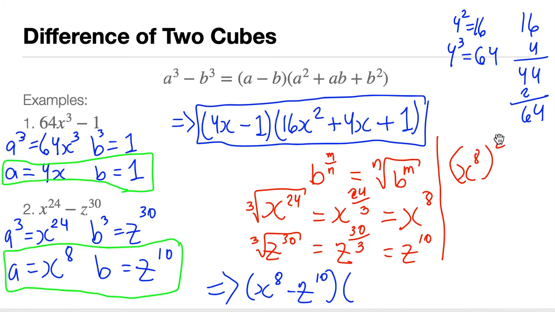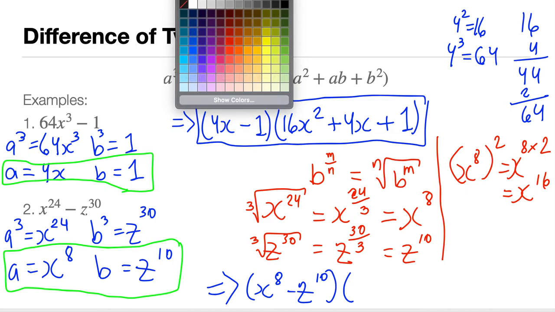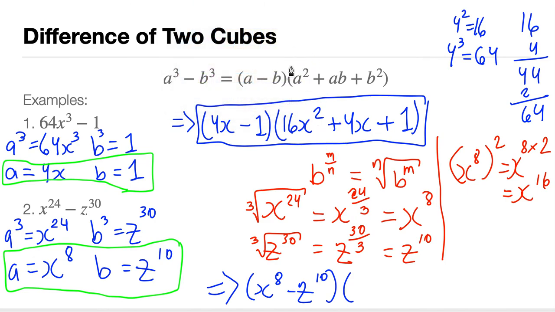Squaring means multiplying the exponent, so this can be rewritten as x raised to 8 times 2, which is equal to x raised to 16. And that's our answer for the first term in this part.